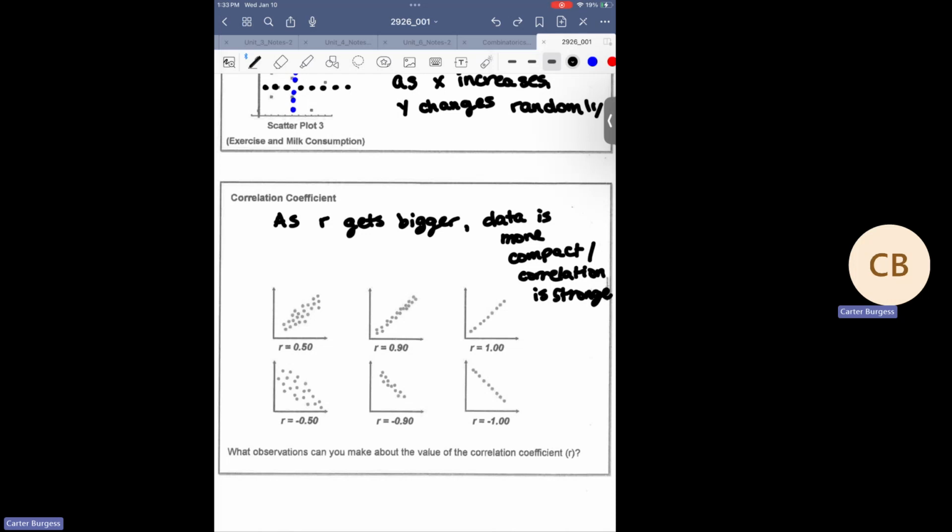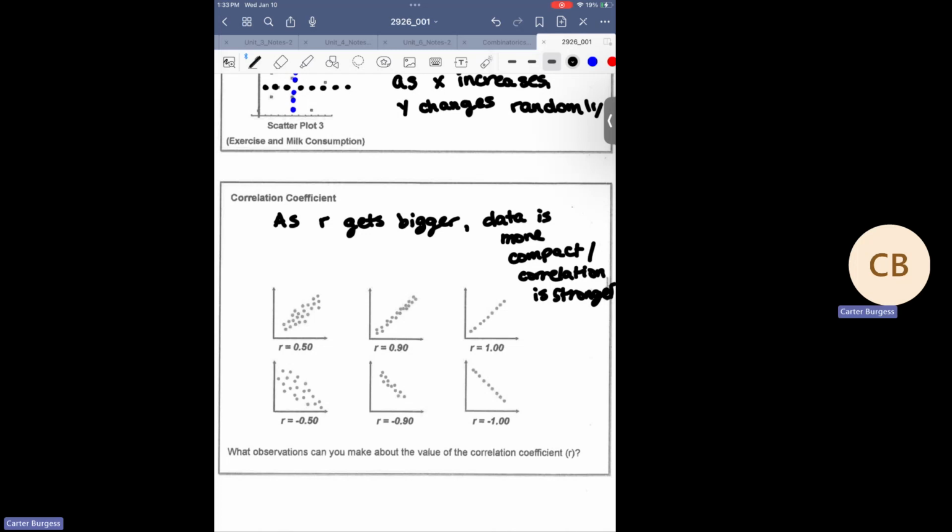Now, is it just as R gets bigger? For instance, how would we compare an R value of 0.5 to an R value of negative 0.9? Which of those is going to be more compact? Which one would we expect to be showing a stronger correlation?